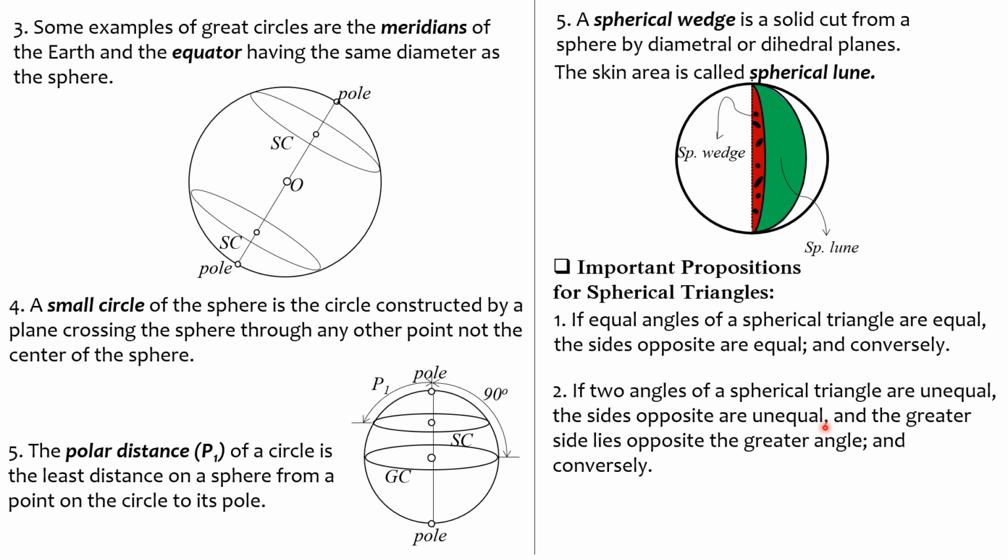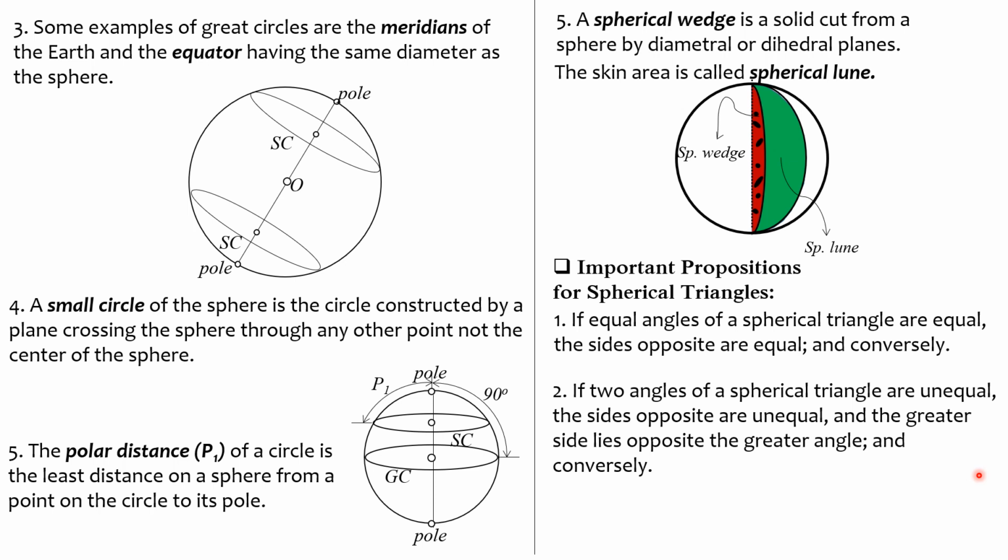Of course, if we have a triangle with the smallest angle and the biggest angle, the side opposite the smallest angle is the shortest side, and the side opposite the biggest angle is the longest side, which is true also here.